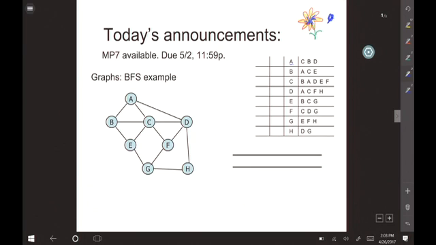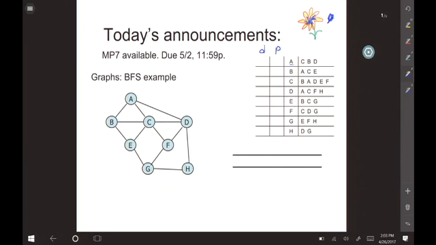Now, the algorithm itself requires some setup. We are going to associate with each vertex in our traversal something we're going to refer to as a predecessor. It's basically, in general, how we got to the current vertex. And in addition, we're going to associate with it a current distance.